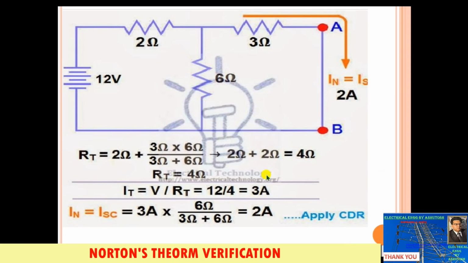Here we have used the reduction method. First we have found the equivalent resistance and the current IT, and the Norton's current we found is 2 ampere. You can also apply KVL and nodal analysis here.